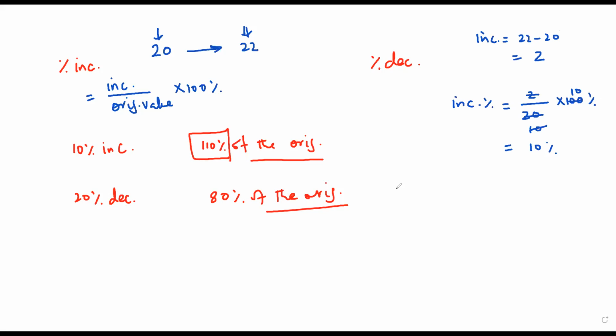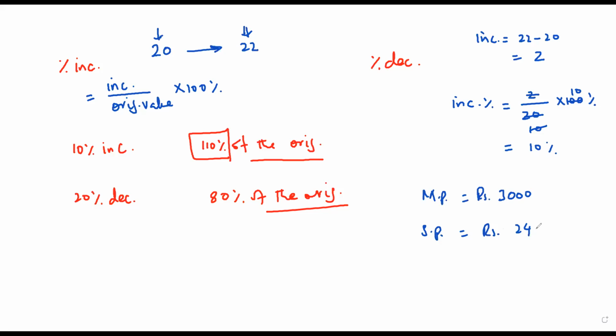Similarly, for example, there is a shirt which is priced at, I'm really taking very easy figures here, let's say the marked price of a shirt is 3,000 rupees, and the sale price is let's say 2,400 rupees.